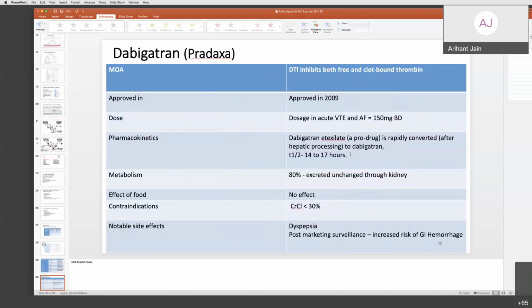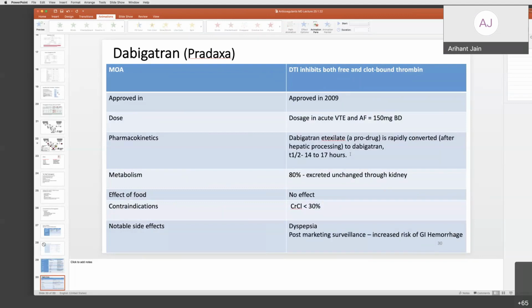So a few lines about Dabigatran. Dabigatran basically has renal clearance, so we have to be a little bit cautious when we are using it in patients with renal impairment. The second thing is that the two drugs, Dabigatran and rivaroxaban, have a propensity for a higher risk of gastrointestinal bleed.